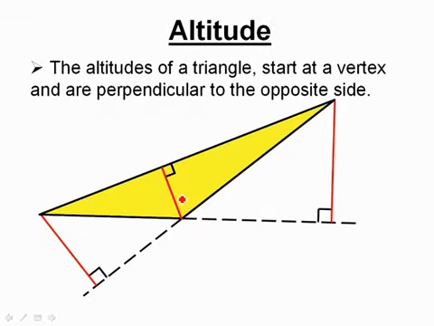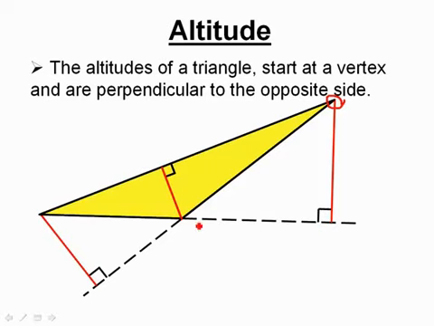And now we're going to talk about altitudes of a triangle. The altitudes of a triangle start at a vertex and are perpendicular to the opposite side. So as you can see, you start at this vertex up here, and you go down vertically, extend the side, and this point would be perpendicular to the side.